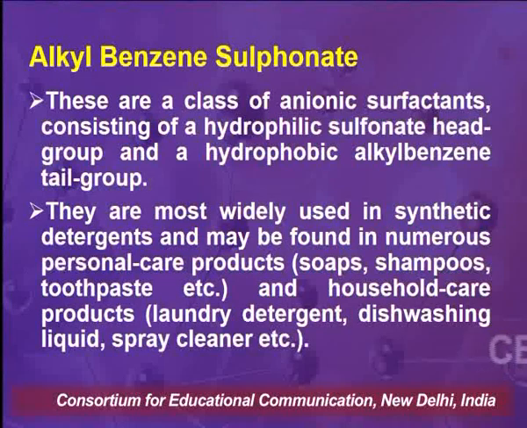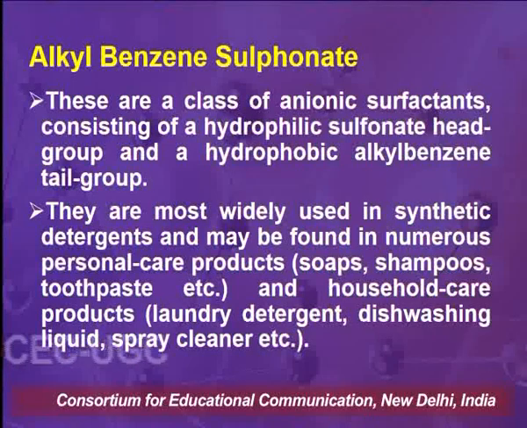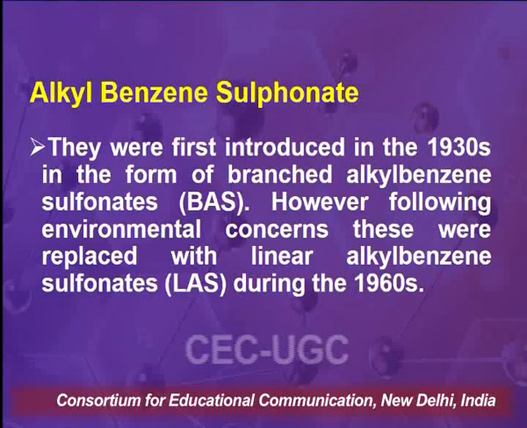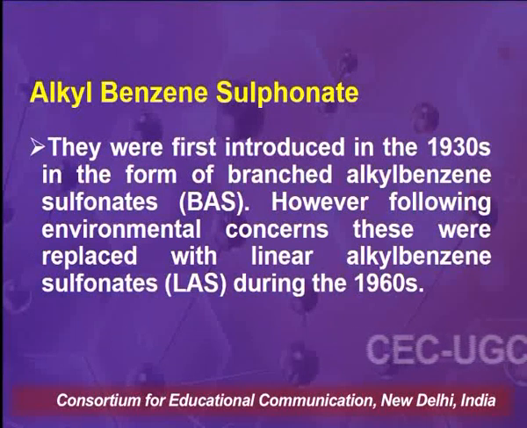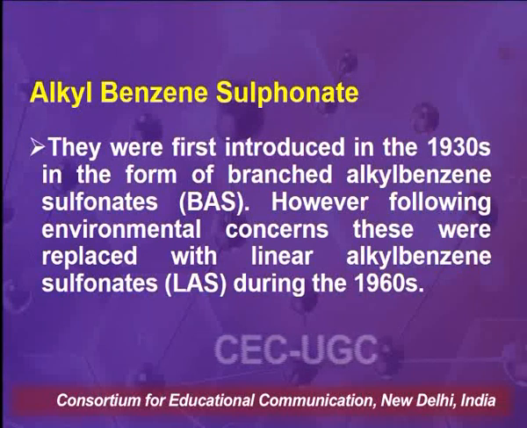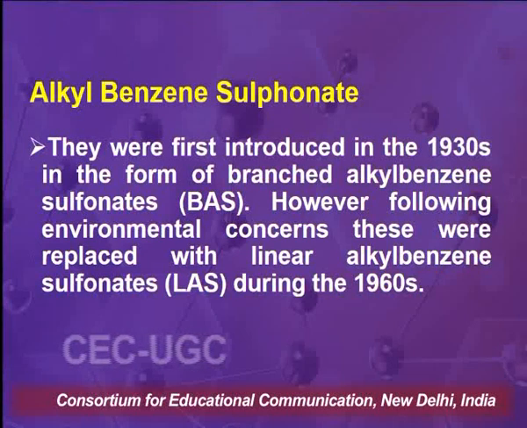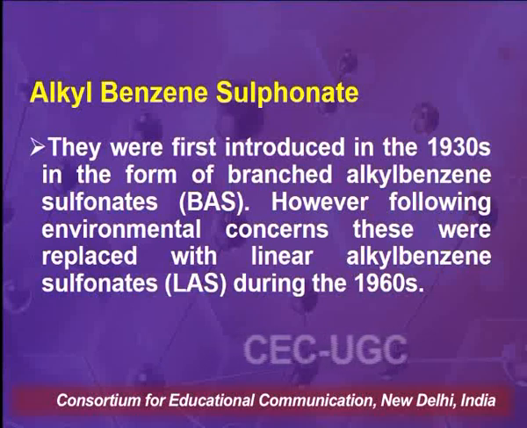They are most widely used in synthetic detergents and may be found in numerous personal care products and household care products like laundry detergent, dishwashing liquid, etc. Alkyl benzene sulfonates were first introduced in the 1930s in the form of branched alkyl benzene sulfonate, BAS. However, following environmental concerns, these were replaced with linear alkyl benzene sulfonate, LAS, during the 1960s.